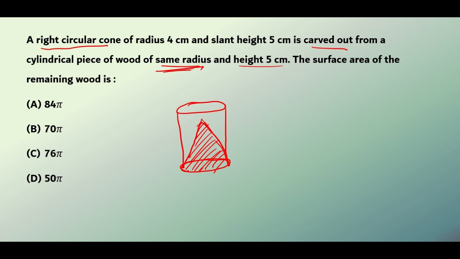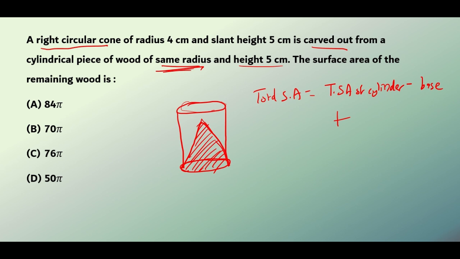So, for the remaining surface area, the total surface area, that is what we had to find, is equal to, now we know that the top part and the sides of the cylinder would still be intact. That can be obtained by the TSA of cylinder minus its base, and also since the remaining part of wood also comprises the CSA of the cone.